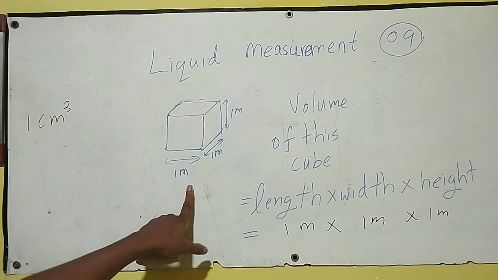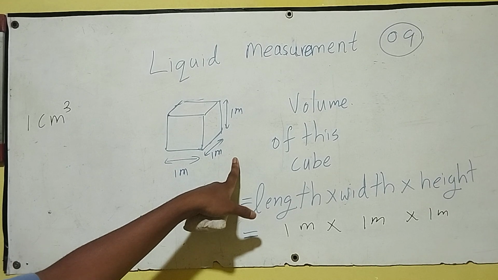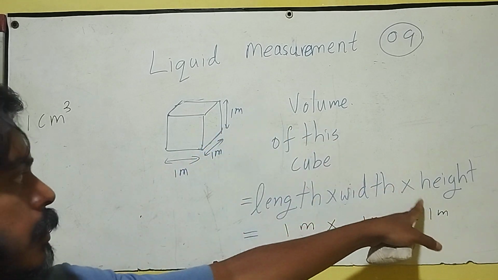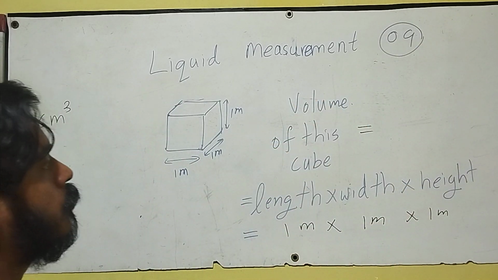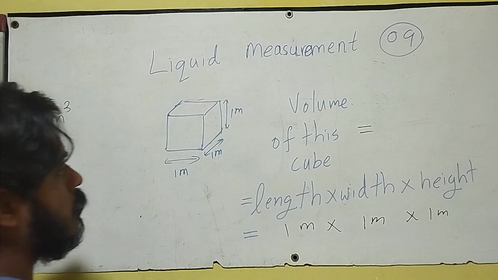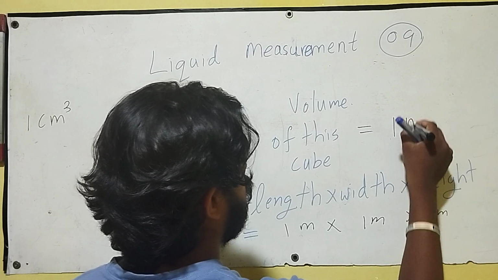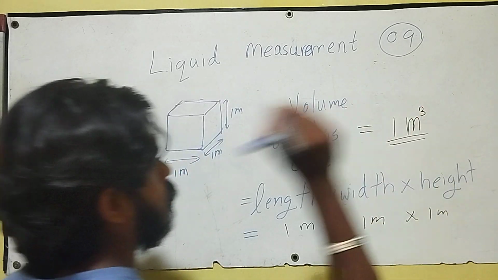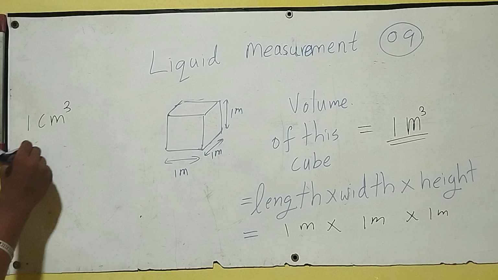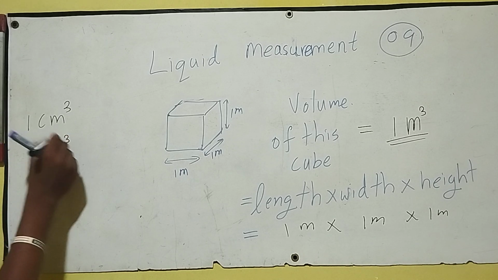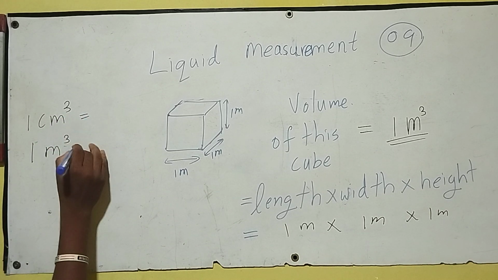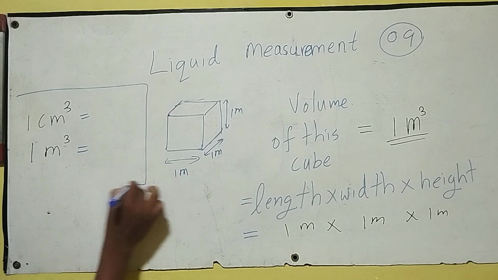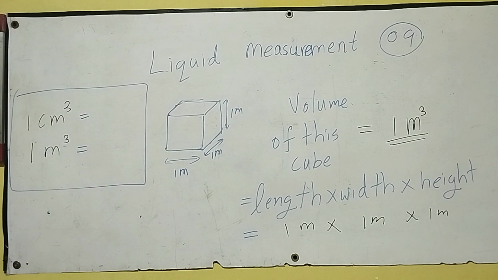Why? Length is 1 meter, width is 1 meter, as well as height is 1 meter. Because of that, we can obtain the volume of this cube as 1 cubic meter. Now we write in this place 1 cubic meter. This is very important for calculation.